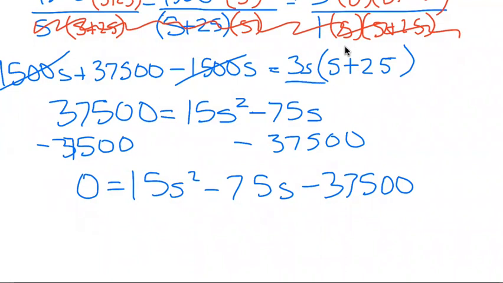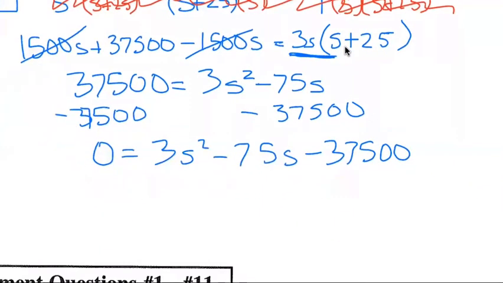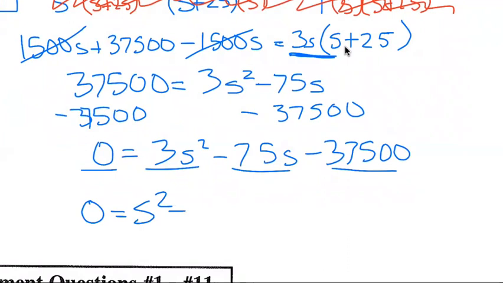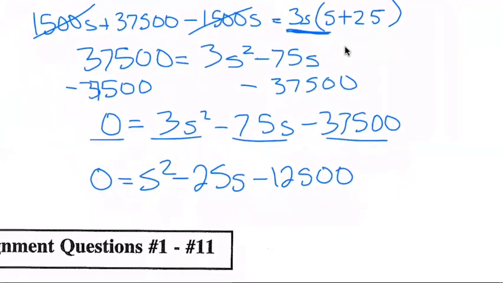This is 3S times S. This should just be 3, which means this should be 3. That's better. I'm going to factor out a 3. So I divide each of these by 3. 0 is equal to S squared minus 25S minus 12,500. And I'm going to factor that.